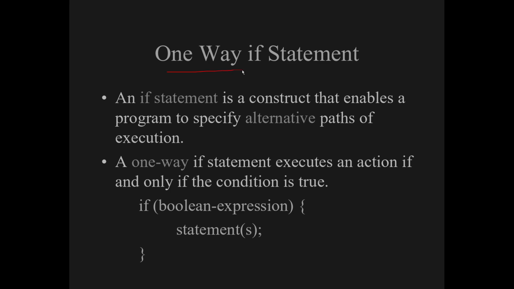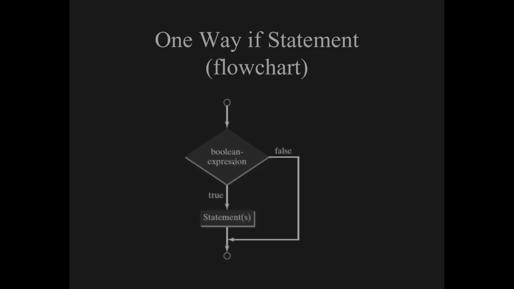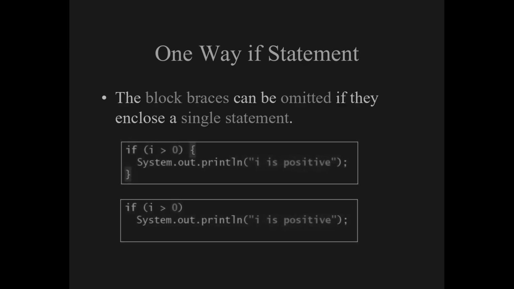The first one is one-way, in which if the condition is met, something is going to be executed. Otherwise, there's no alternative action. So if true, it's going to execute this and continue. If false, it's just going to continue directly without executing the statement or statements.